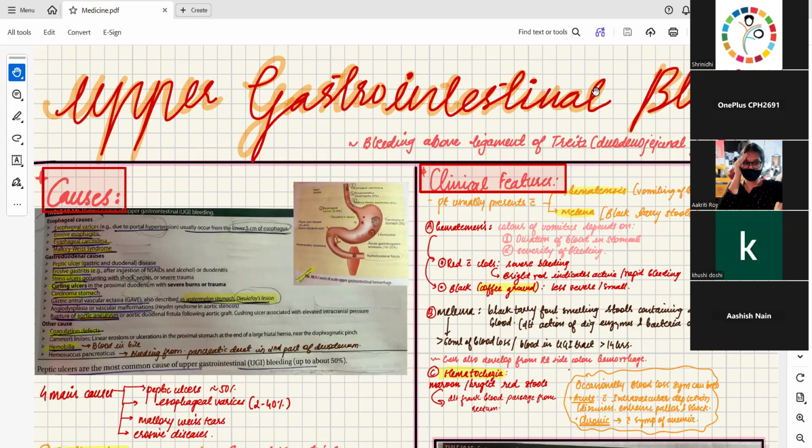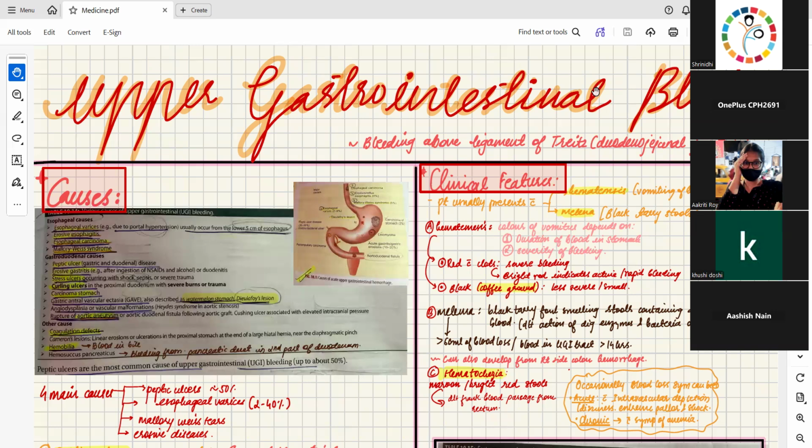In the gastroduodenal causes: peptic ulcer, erosive gastritis, carcinoma stomach, gastric antral vascular ectasia, angiodysplasia, or vascular malformations. And in other causes, we have hemobilia, hemosuccus pancreaticus, coagulation defects, etc. This gives us the broad view of all the causes that can lead to GI bleed.